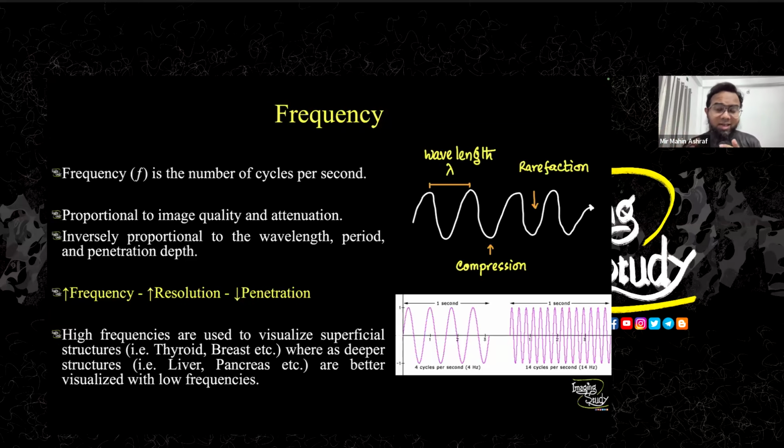But the problem arises that when you are using low frequency, you are getting bad resolution. So we try to adjust this formula at a level that we are using the low frequency, but getting a little better resolution. So we need to change it frequently.